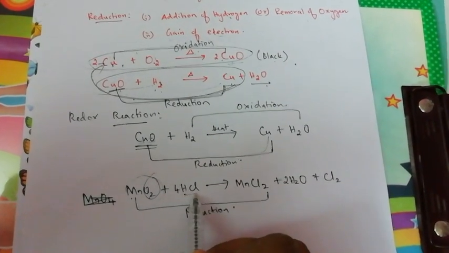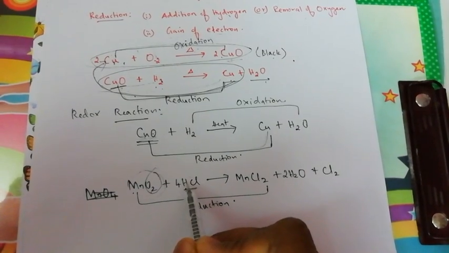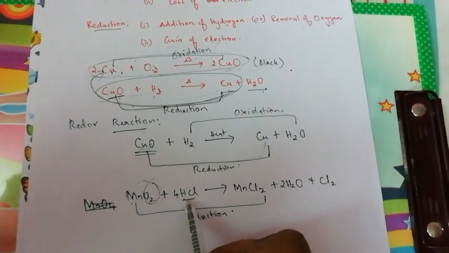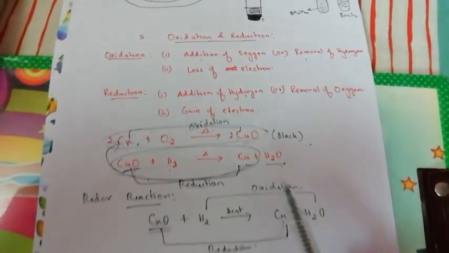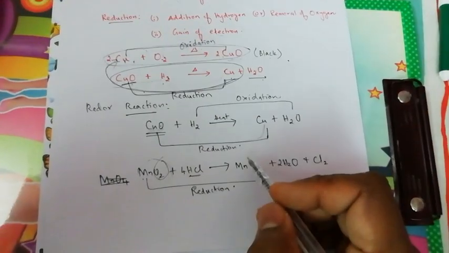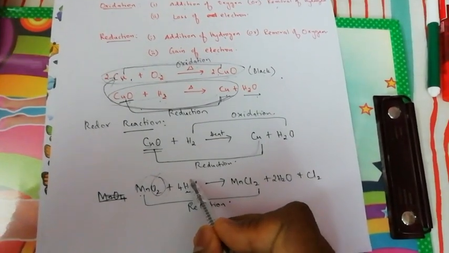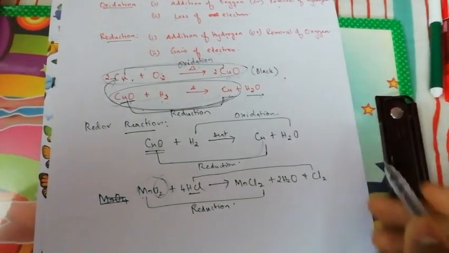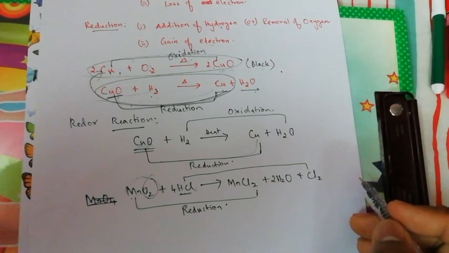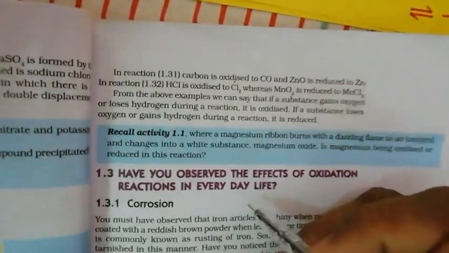And look at this hydrochloric acid, there is no oxygen with hydrogen, right? That means there is also a definition, we name it addition of oxygen or removal of hydrogen. You look at this chlorine, hydrochloric acid has hydrogen with it, and now compare it with chlorine. Hydrogen is removed. Am I right? You look at this in your book. I'm going to show this on page number 13.